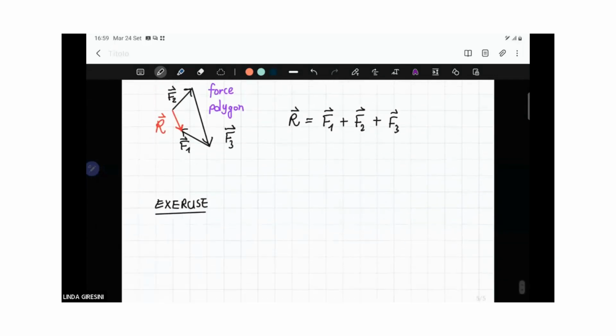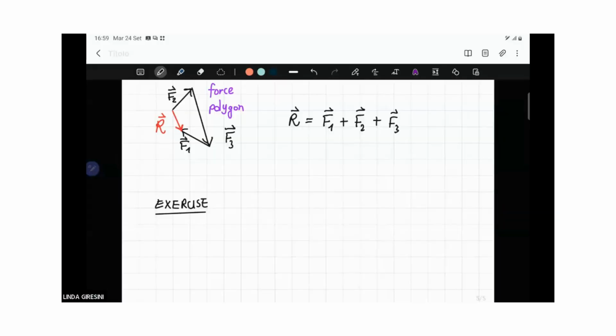By the way, this is an exercise that you find in the book of Gross, Engineering Mechanics, Statics. For example, this one will be in the portfolio.